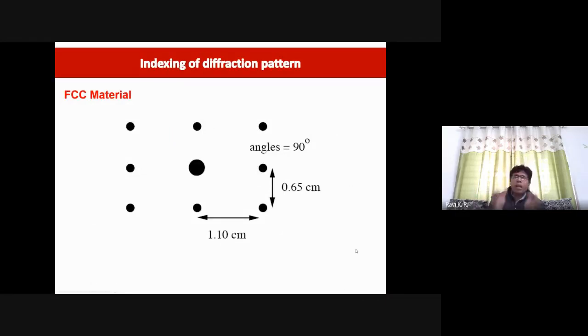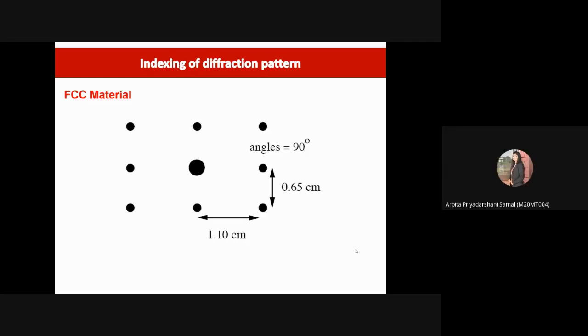But looking at a pattern also you can say whether it is FCC or not. Okay, by looking at a given pattern, sometimes you can actually interpret what kind of material this is. In a cubic, there are only 3-4 different varieties. Looking at a pattern, you can say whether it's FCC or BCC. For this pattern, let's say that I know the crystal structure. Okay, this is FCC. Now we know what is the allowed reflection for FCC. Correct? What are the allowed reflections for FCC?